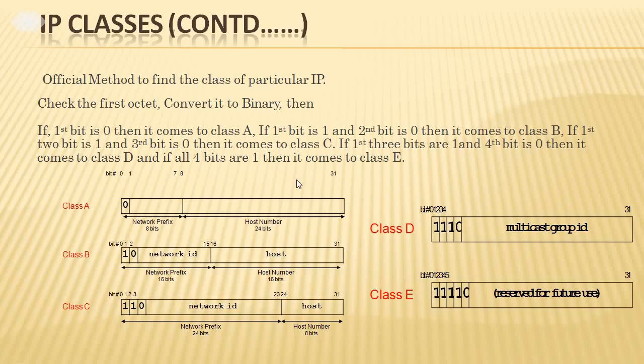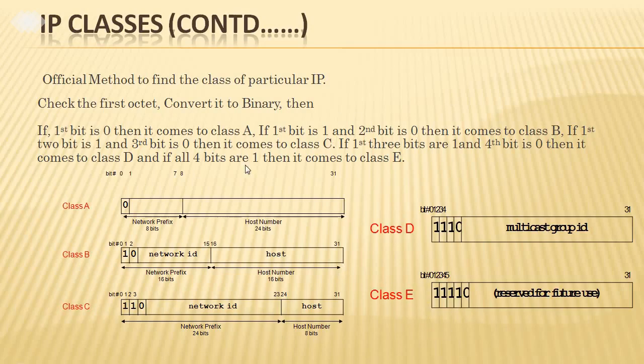If the first bit is 0, it is Class A. If the first bit is 1 and the second bit is 0, it is Class B. If the first two bits are 1 and the third is 0, it is Class C. If the first 3 bits are 1 and the fourth bit is 0, it is Class D. And if the first 4 bits are 1 and the fifth bit is 0, it is Class E.